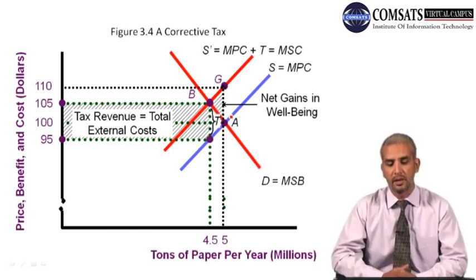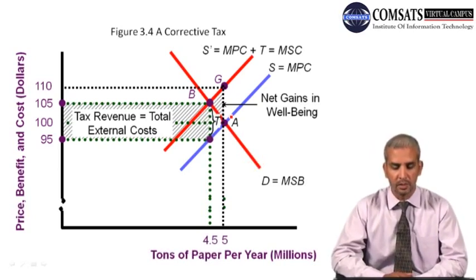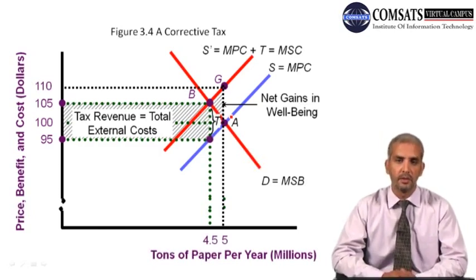At that $110, the marginal social cost was at point G, and it was above marginal social benefit. That's why the quantity was reduced to the point where the equilibrium was at a price of $105, and the quantity reduced from 5 to 4.5 tons of paper per year.